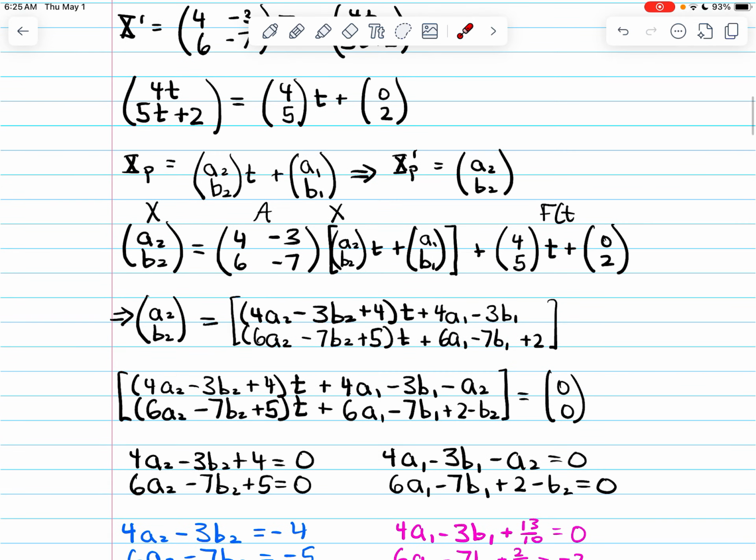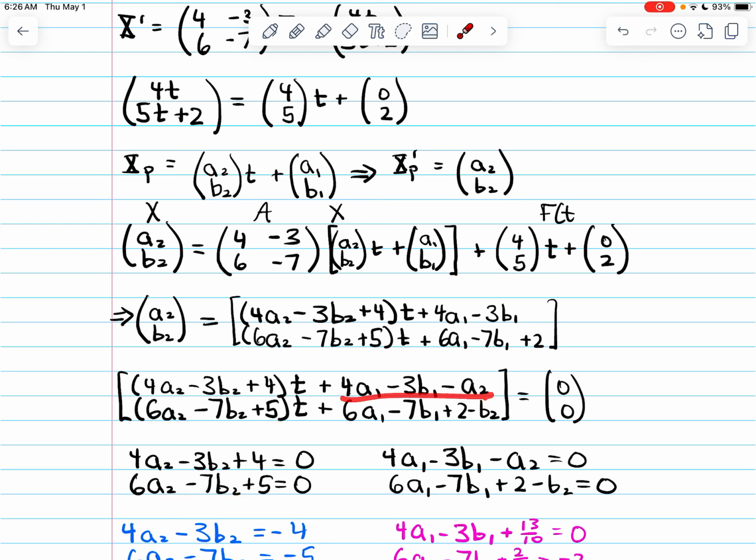So now look what I've got. 4a2 minus 3b2 plus 4 equals 0. I'm equating the coefficients. There's no 0t over there, so I'm equating coefficients. I've got 6a minus 7b plus 5 equals 0.